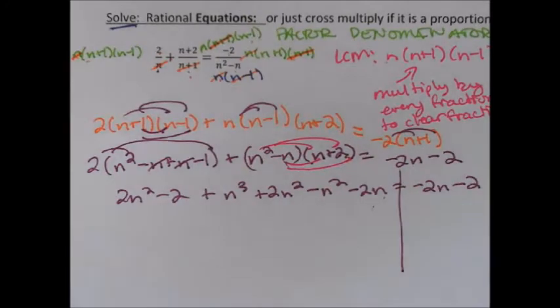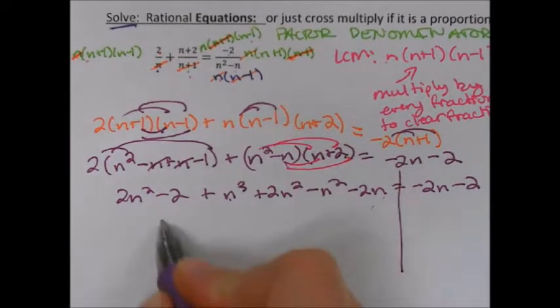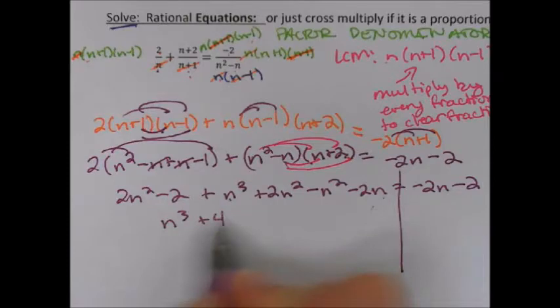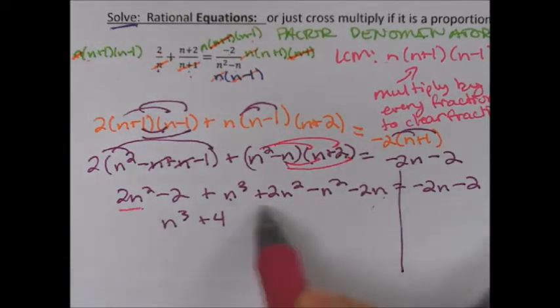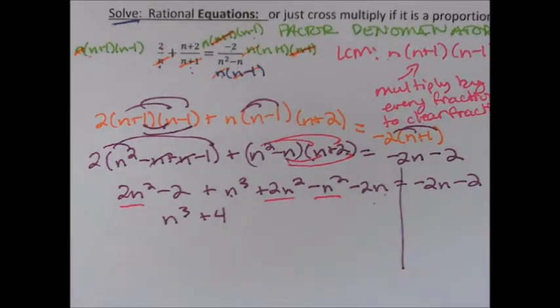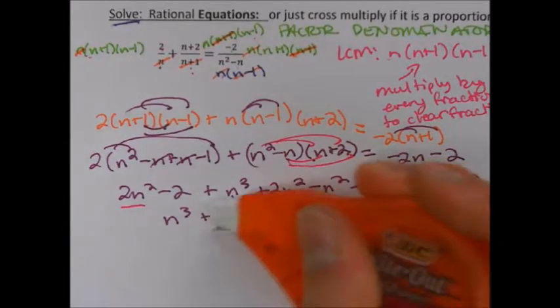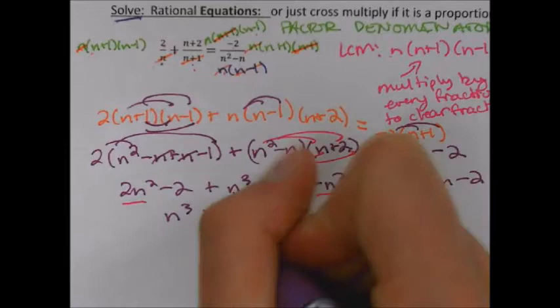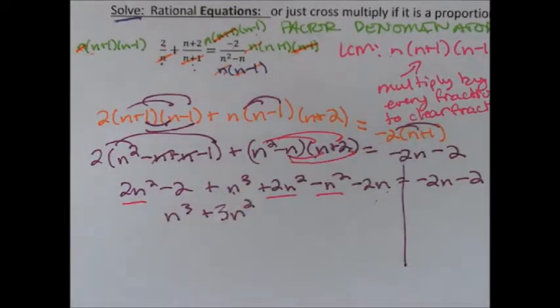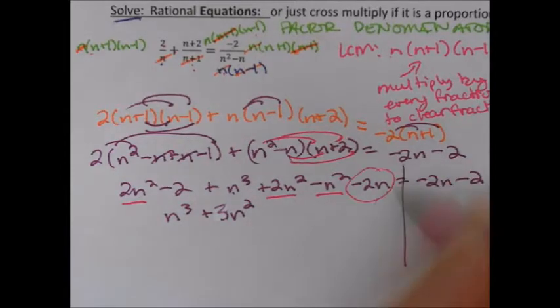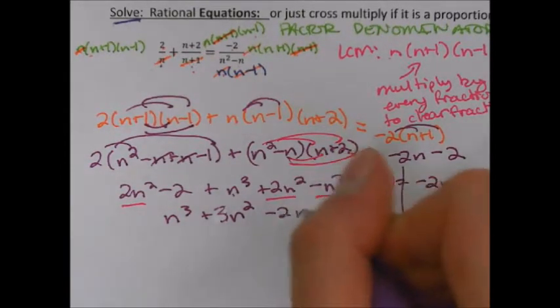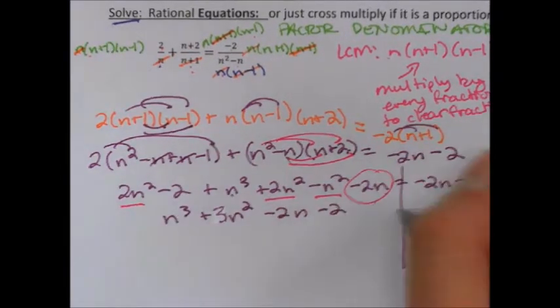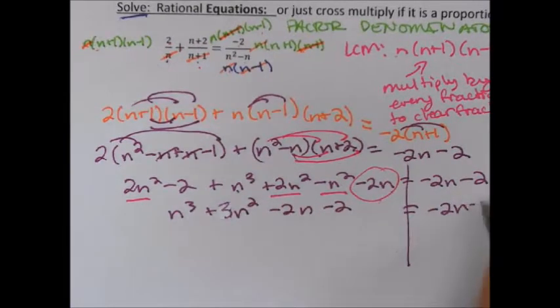Remember, we're solving an equation. I have n to the third. That gives me my n squared. 2 plus 2 is 4, minus 1 is 3n squared. Minus 2n minus 2 equals negative 2n minus.